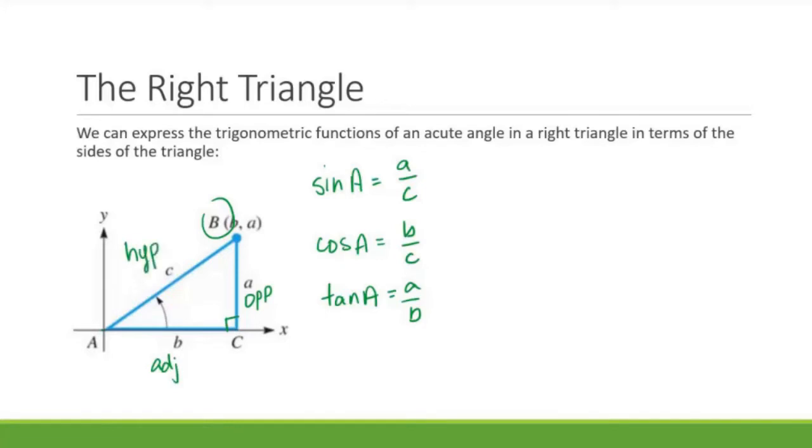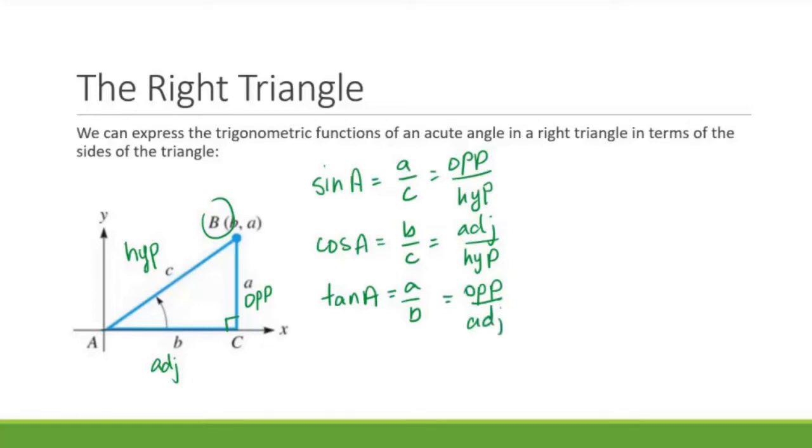So we can think of a over c as being opposite over hypotenuse. b over c, therefore, is adjacent over hypotenuse. And tangent, a over b, is opposite over adjacent.